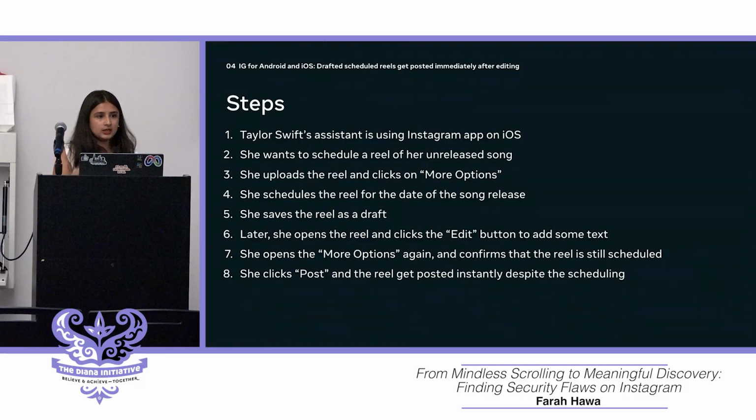Then she saves the reel as a draft. Later, she opens the reel, she clicks the edit button because she wants to add some text to it. Then she opens the more options again and just confirms that the reel is still scheduled. She clicks post and the reel gets posted instantly despite the scheduling. And now Taylor Swift's unreleased song is leaked.